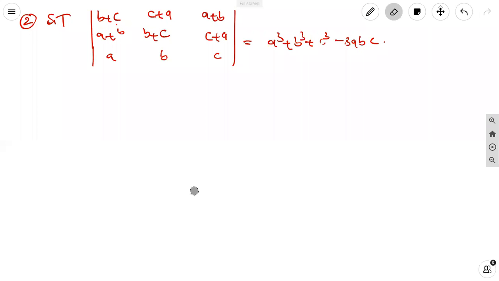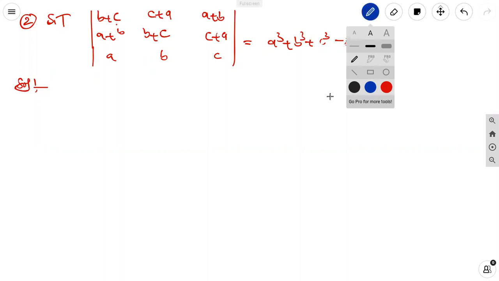The matrix problems are taking more time when we can take the direct determinant. So in that case, we can use row operations. See here, observe that here B plus C is there, here A plus B is there. But what we can do? Suppose we subtract from this to this, again we are getting two terms.